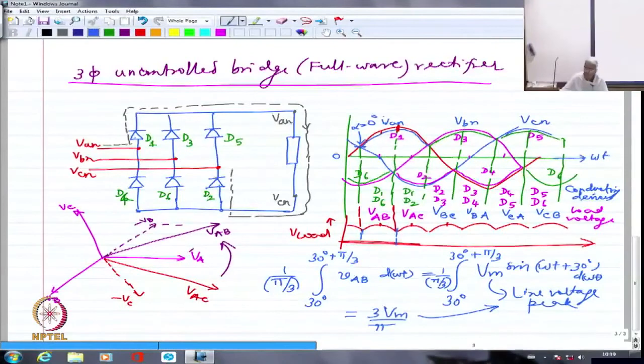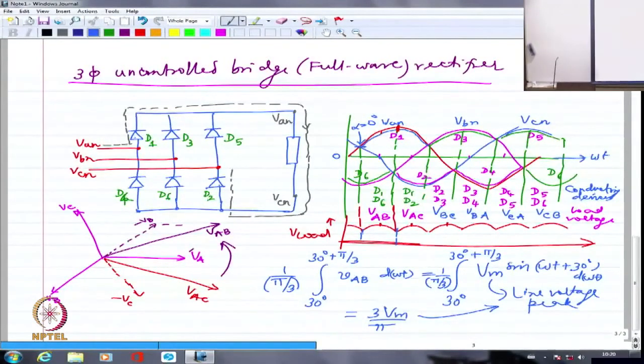If I want diode to take over naturally, at what point is it getting forward biased? That's what I have to check. So, I am going to get alpha equal to 0 normally as the point again, same as what we saw in the half wave rectifier. It is exactly 30 degree away from the 0 crossing point of VAN.